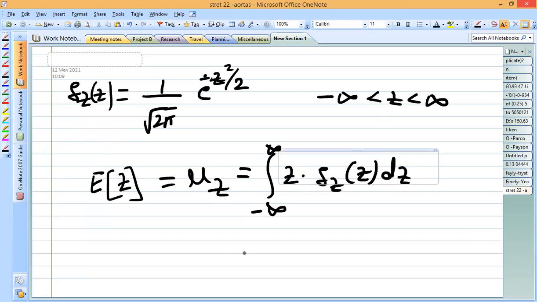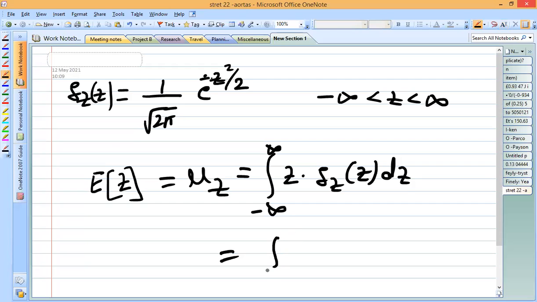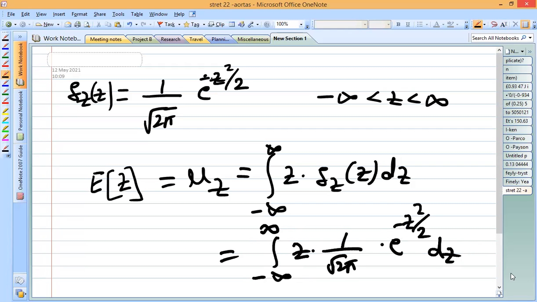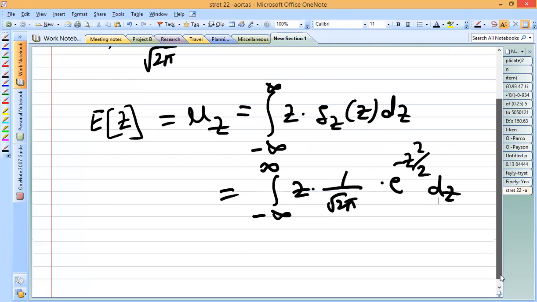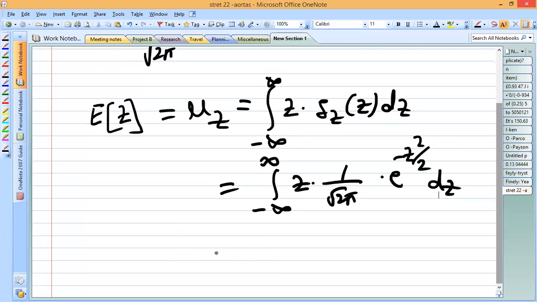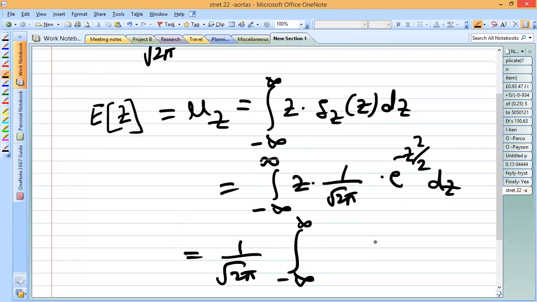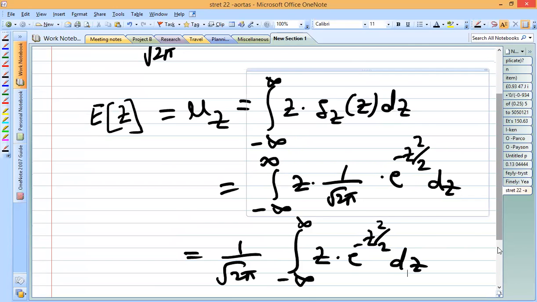The integral range is the same, minus infinity to plus infinity, z, fz of z is 1 by root 2 pi into e to the power minus z square by 2 dz. For this, you can take 1 by root 2 pi outside, integral from minus infinity to plus infinity of z into e to the power minus z square by 2. For this, the mean can be directly calculated.